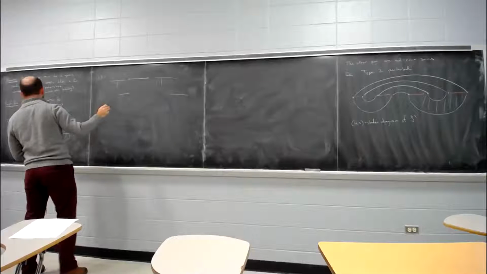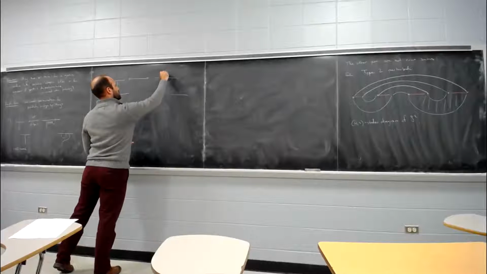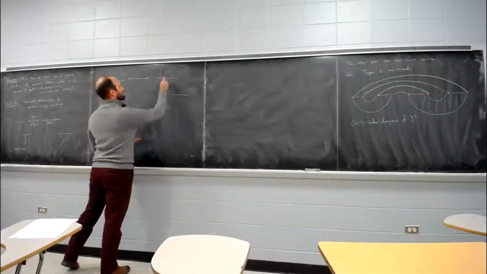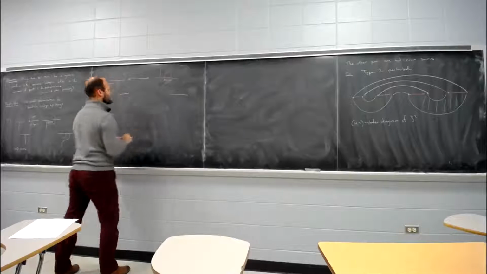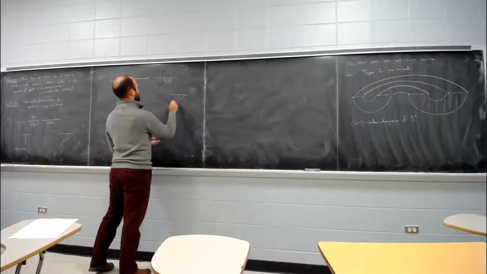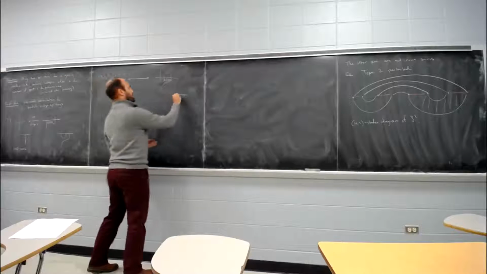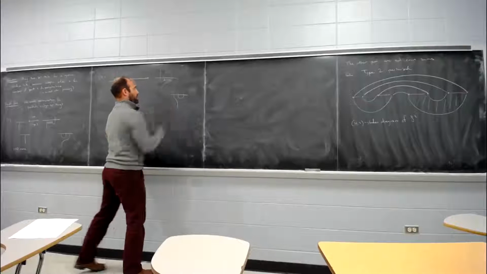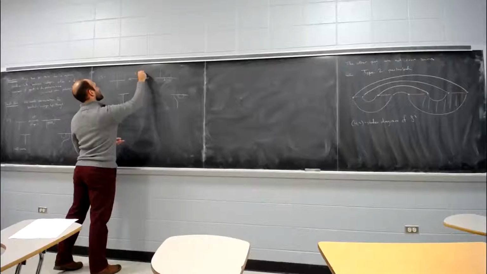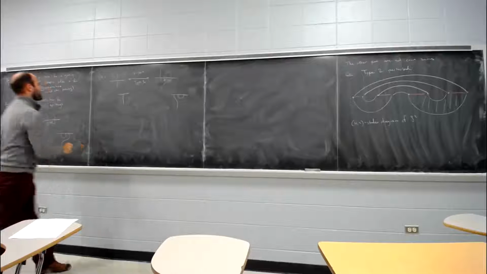This time, a band like that. So the green originally looked like that, but now green looks like this. And we can just check what it would look like if I threw red on here. Well, we have an extra component here. So this is a 3 perturbation of type 1. Okay, so that's the cup and the cap move.